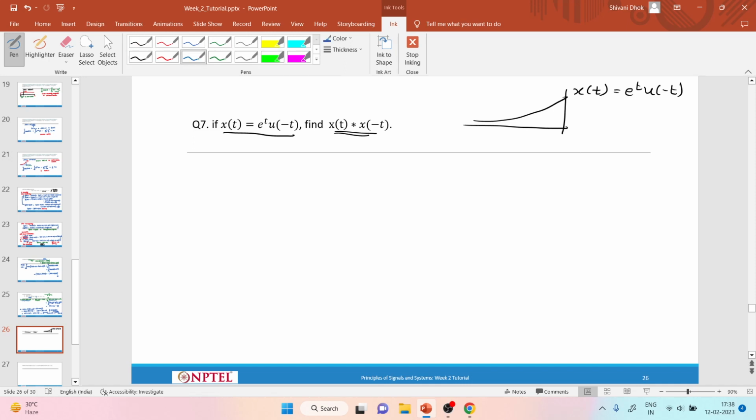Okay, so let's say this is equal to y of t. So I need to find y of t which is equal to x of t convolved with x of minus t. So let us use the definition first, that is integral from minus infinity to infinity x of tau into x of minus (t minus tau) d tau.